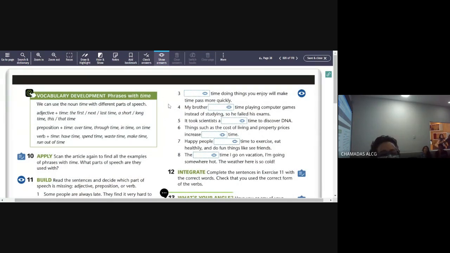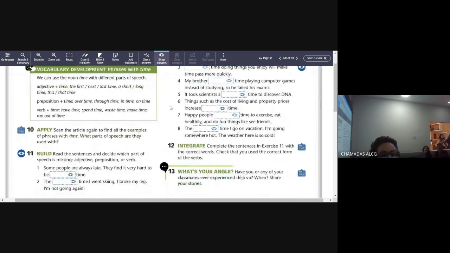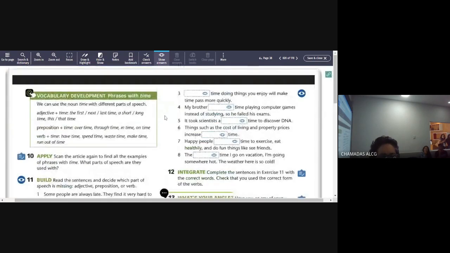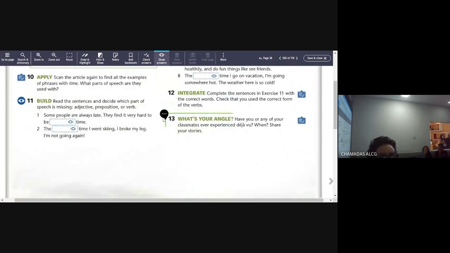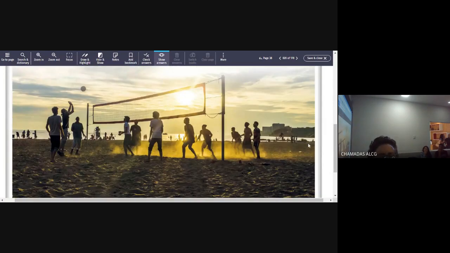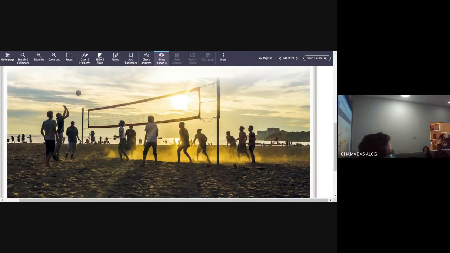Okay. All right, people. Now the next page will talk to us still about time, because we are talking about time. Look at this beautiful picture. This is so nice, isn't it? So have you ever played volley on the beach? It's so nice, isn't it?